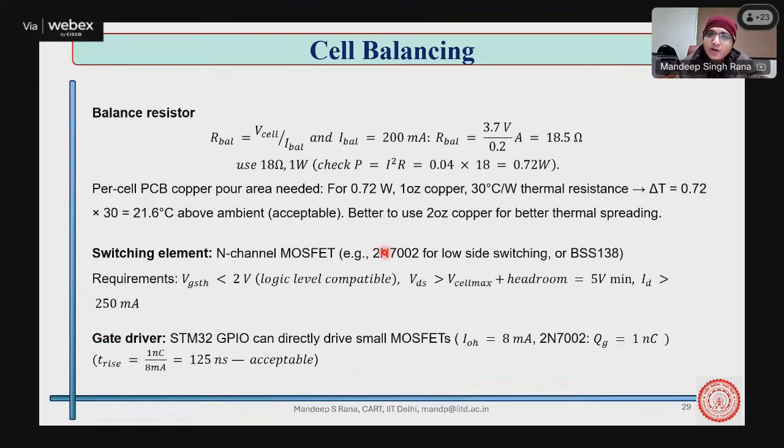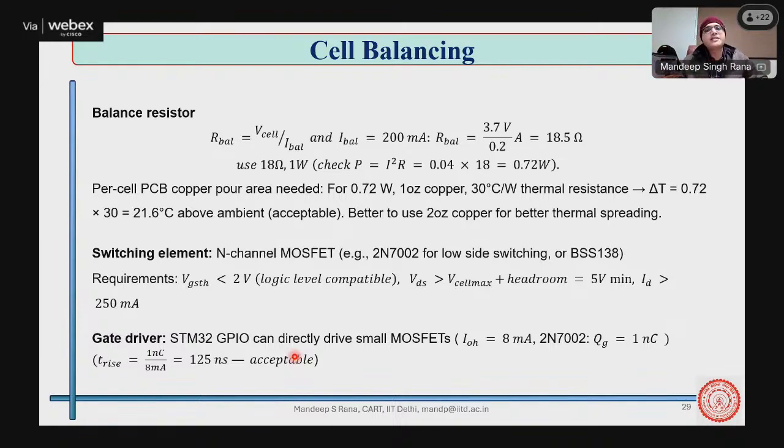But these MOSFETs are low power, low current, so they can be directly driven by a microcontroller like an STM32 GPIO. They require about 8 milliamps of current, and an STM32 pin is capable of giving 20 milliamps. So an additional driver IC, which is generally needed for a MOSFET, is not needed.